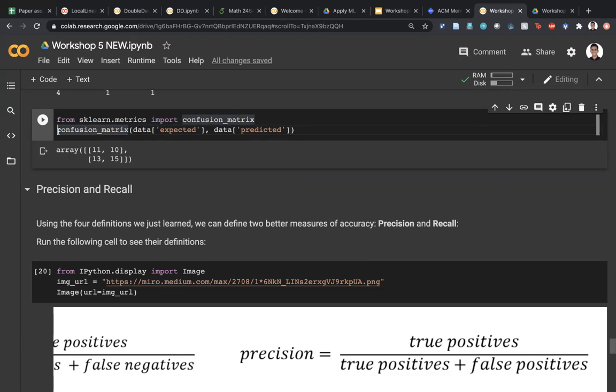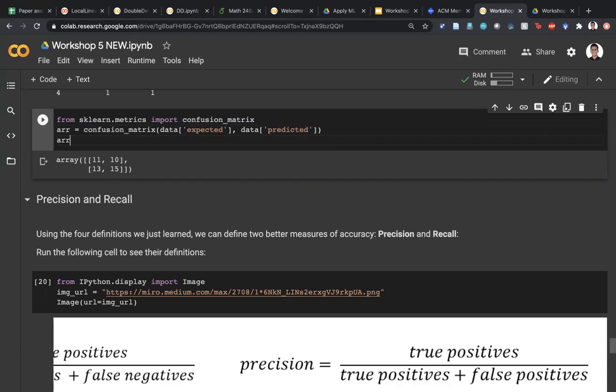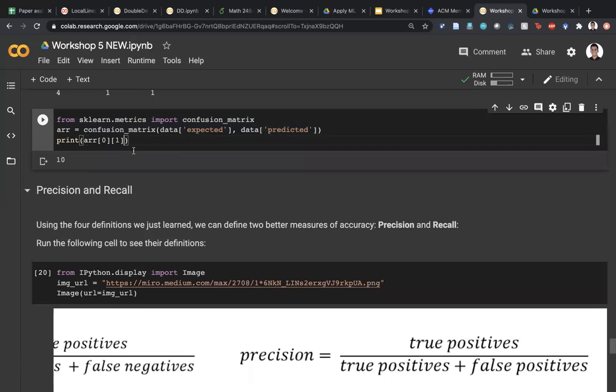So just for convenience, what you guys could do is basically just store the confusion matrix in a variable, and then you can access individual values like this. So that might make it easier for you all to work things through.